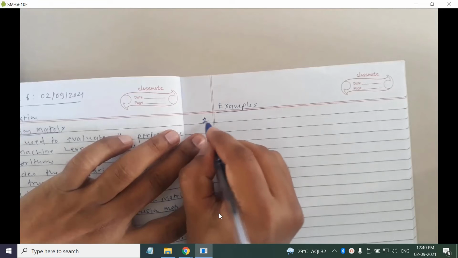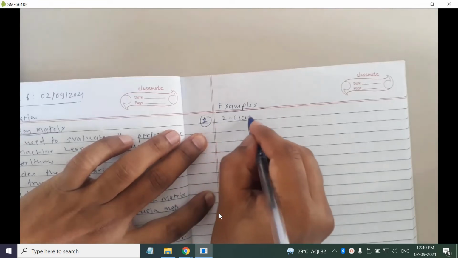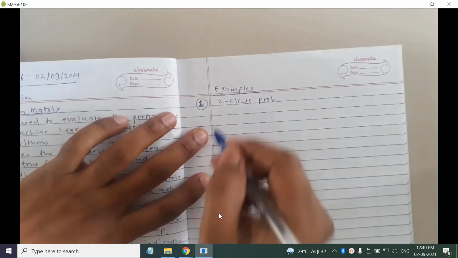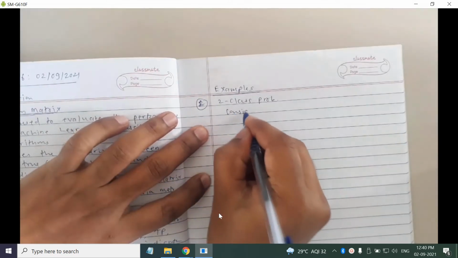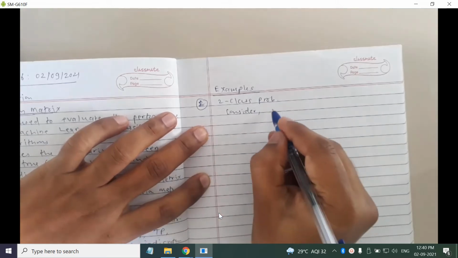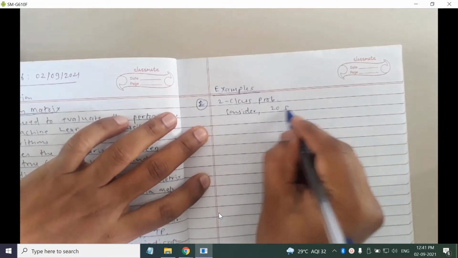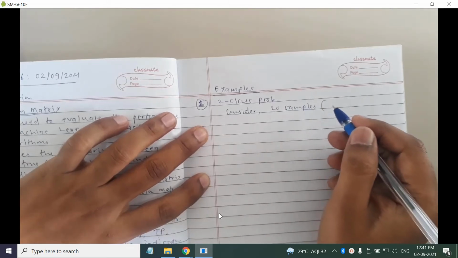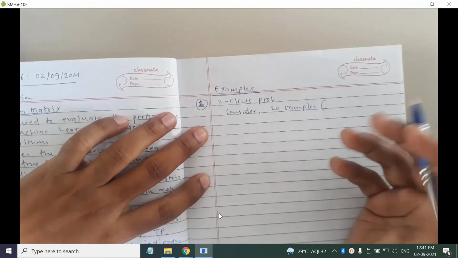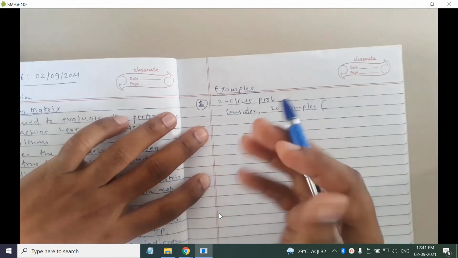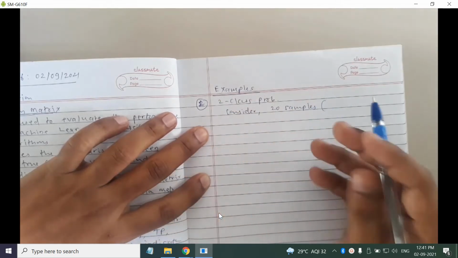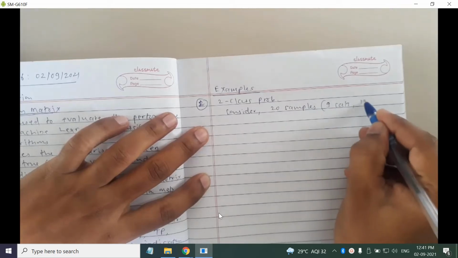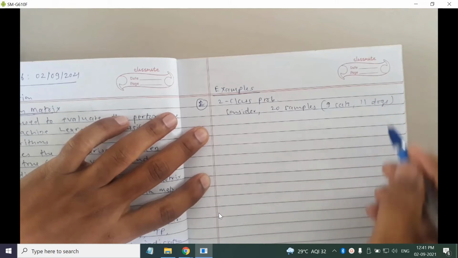So first will be a 2-class problem. Now consider we have 20 samples. Let's say we have data about animals, and we have 2 animals. We have 9 samples of cats and 11 samples of dogs.